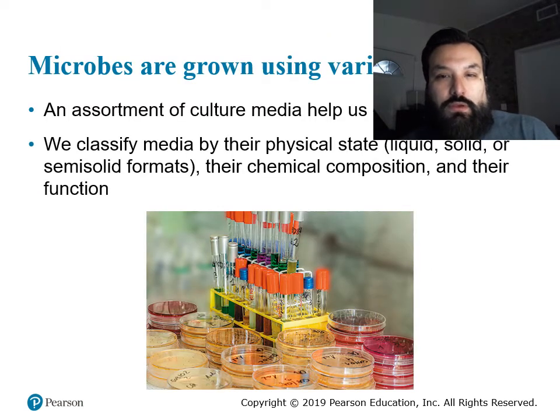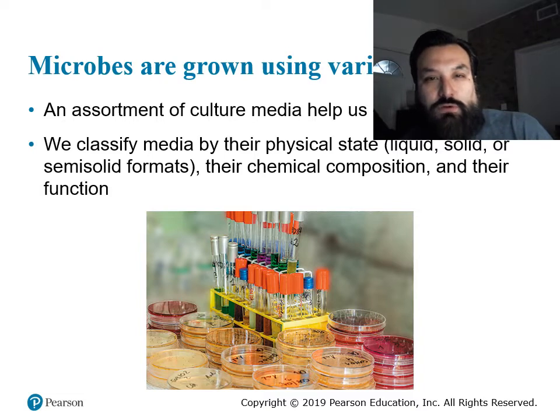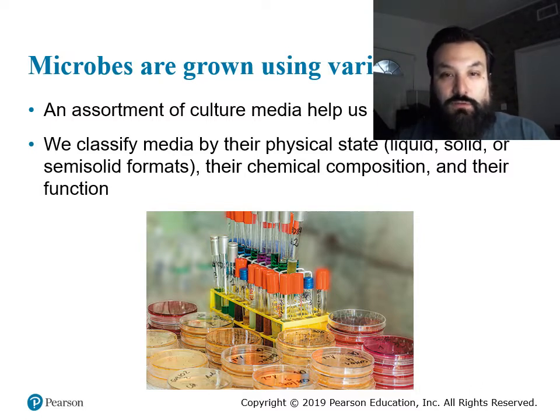Okay. And so I will talk about this one, figure 7.12, growth media. There are different types of components that we use to grow bacteria, to grow microorganisms, and to cultivate those microorganisms. We use different forms: liquid media, solid media, and semi-solid media.